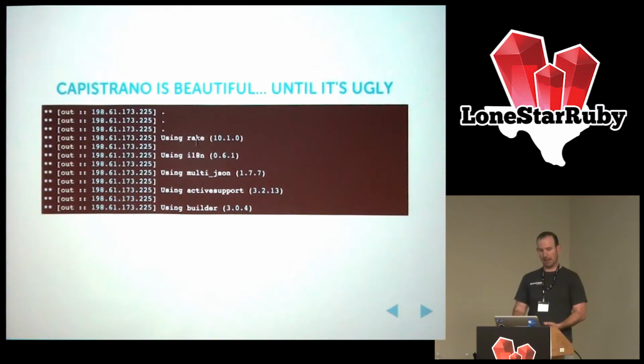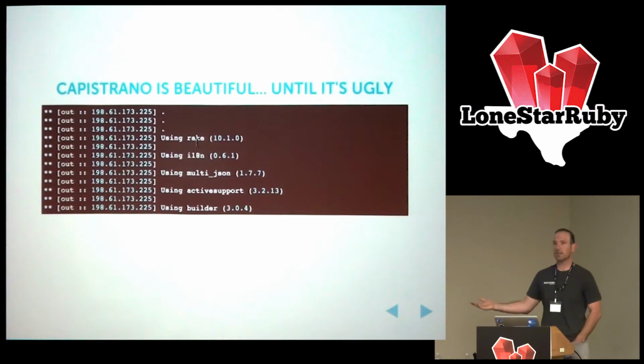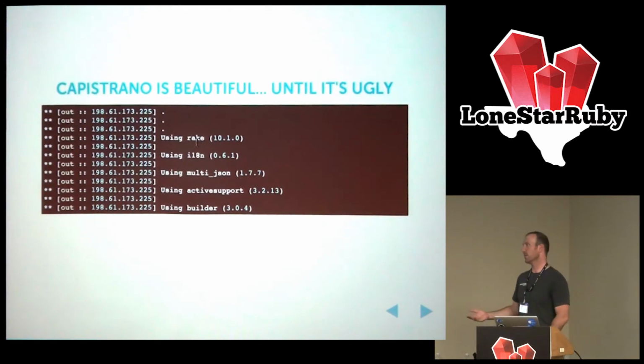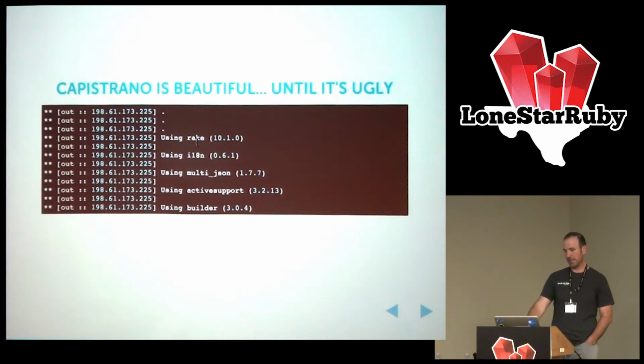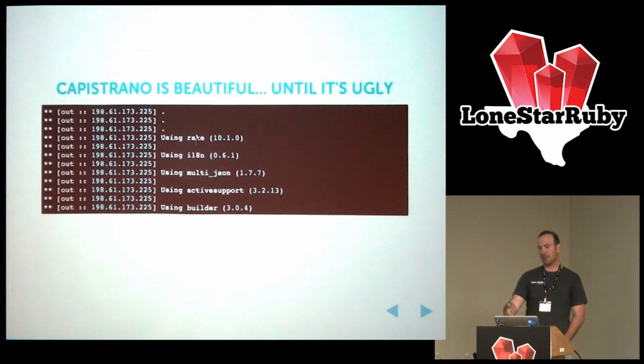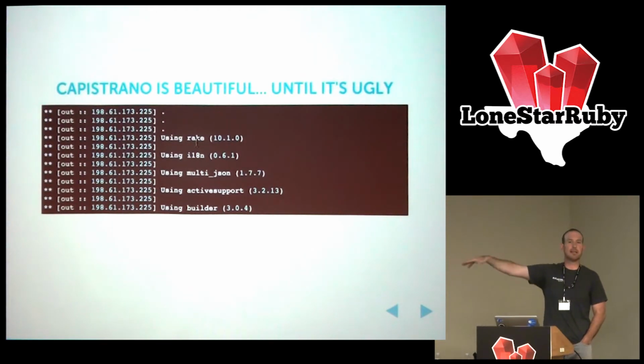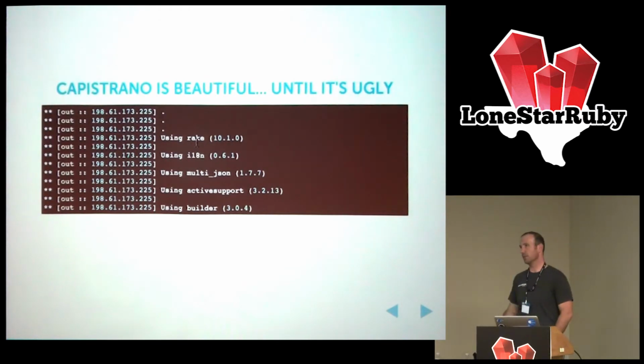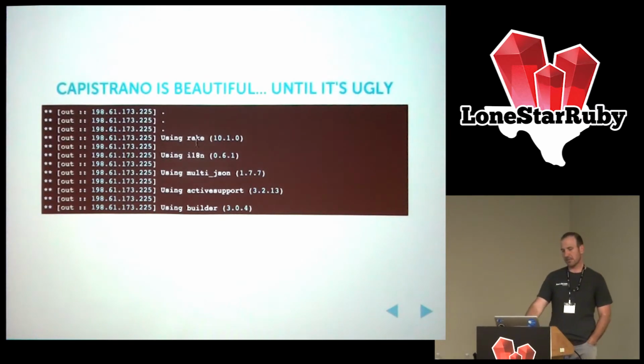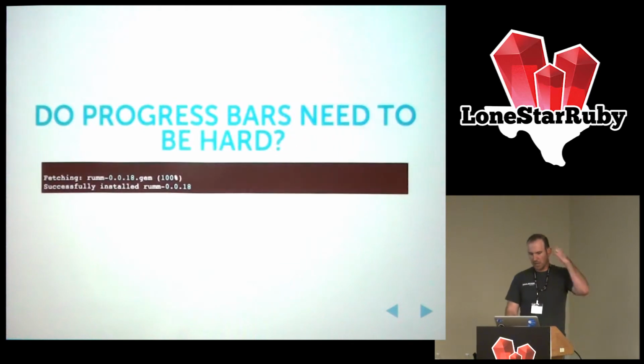The IP address of the server that's running is relevant information, but I think the reason it's like this is because doing any differently was really, really difficult. If I'm familiar with the output of bundler, I should be able to look at this output and immediately recognize where bundler's output is, instead of having it broken up like this.